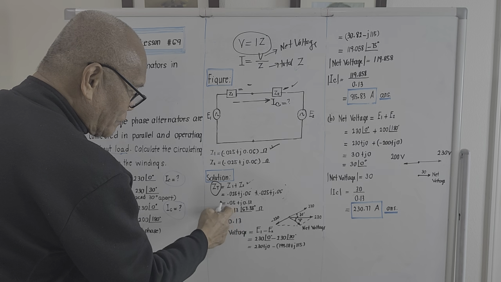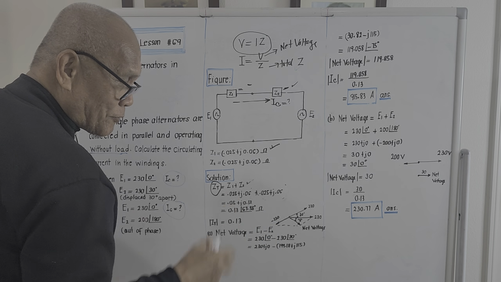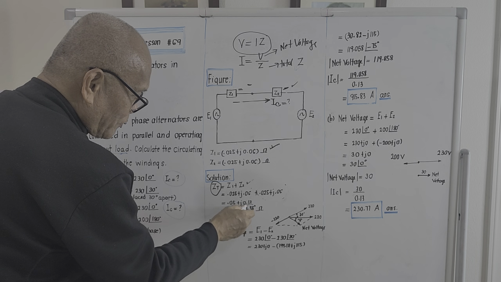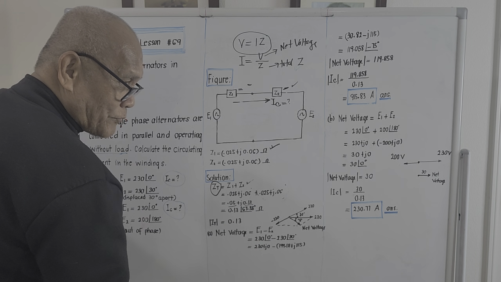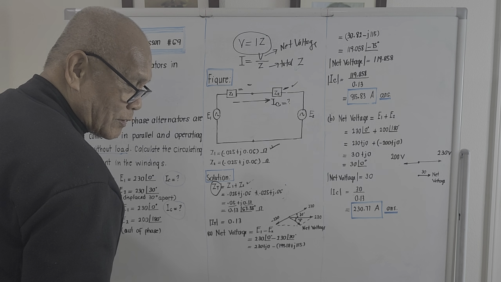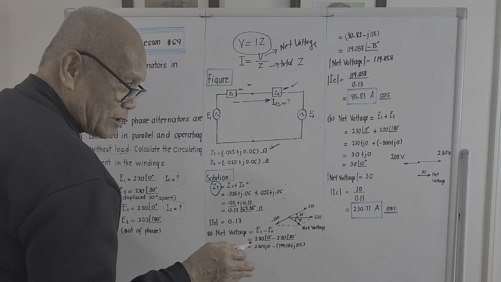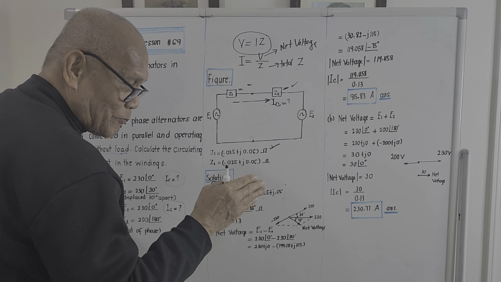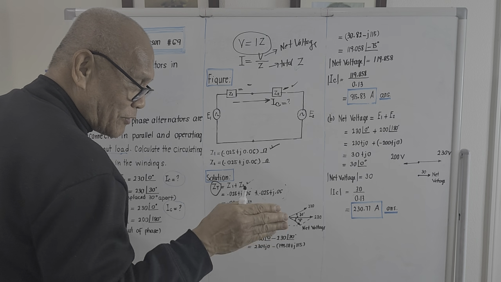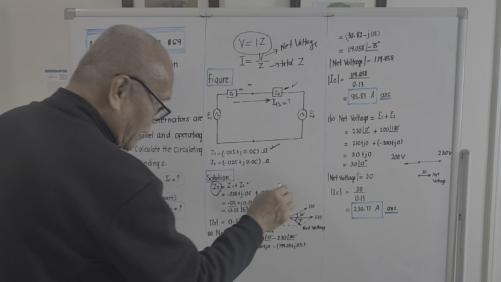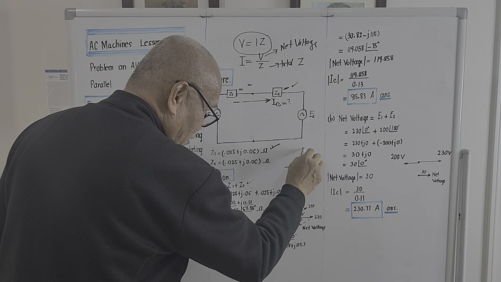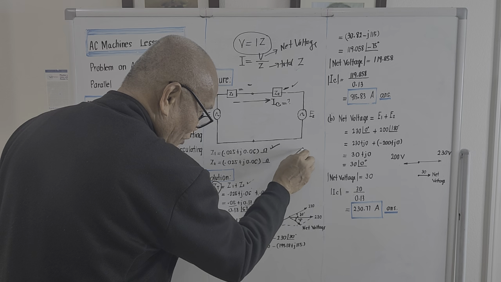And if we try to convert this to the so-called polar form, because this is the overall real part, this is the overall imaginary part, but in the computation of the current, we must use the total value of the impedance. We don't just divide the net voltage by the resistance or by the reactance. It should be by the absolute value of the impedance. And in here, we are given the resistance, and we are given the reactance, so this will be the impedance.